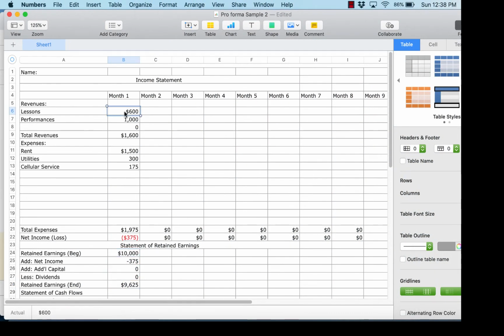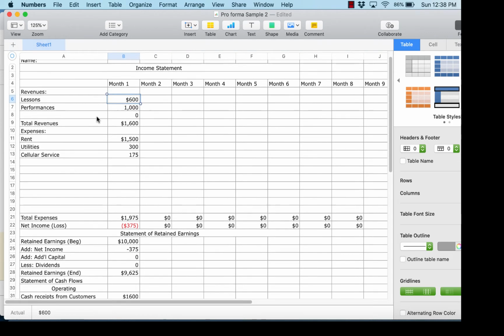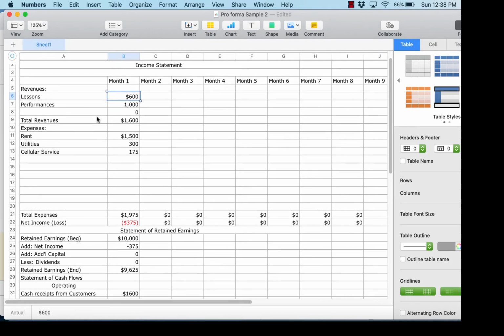So moving on, this is basically the shell of a pro forma financial statement. You've got 12 months across the spreadsheet, and your income and your financial statements just go down the line. So we've got our revenues here. We've got $600 in lessons, $1,000 in performances, and so our total revenues there is $1,600.